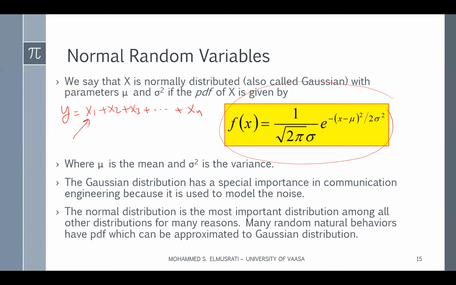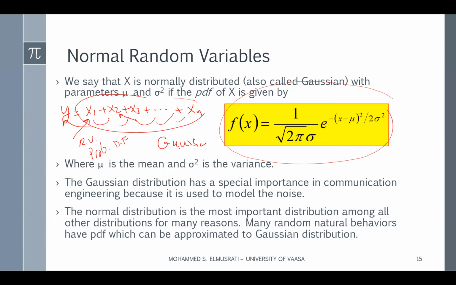Each one of them is a random variable with any kind of probability density function. It can be the same or different probability density function, but they are independent. There's no dependency between them. So when you take the summation over an infinite number of these distributions, the result will approach a Gaussian distribution.